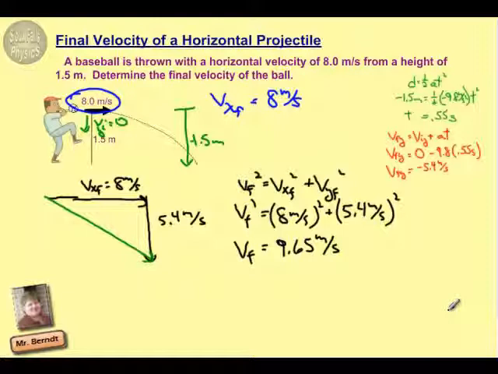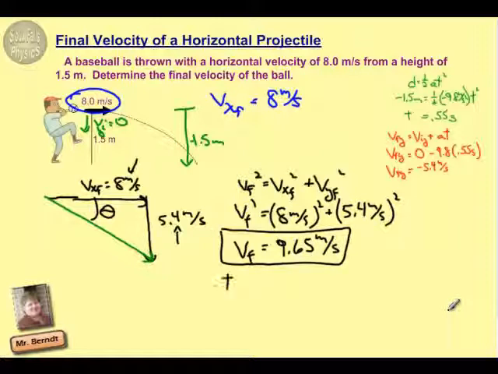But it's a vector. We need to know the angle also. To do that, we can now recognize that we have an opposite side and an adjacent side. That's tangent. So let's go ahead and solve for that angle. We've got the actual magnitude already.